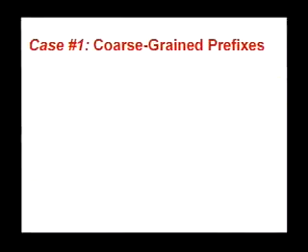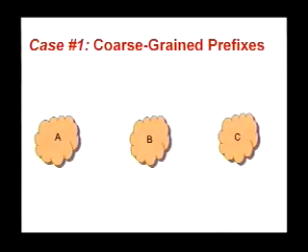So let's go back to the two problems. The first case we want to study is what we're calling coarse-grained prefixes, and let me describe the scenario we're interested in, and then I'll jump into the two questions.